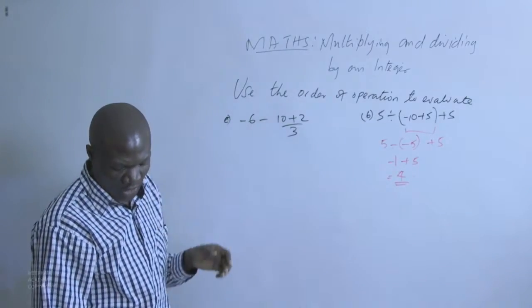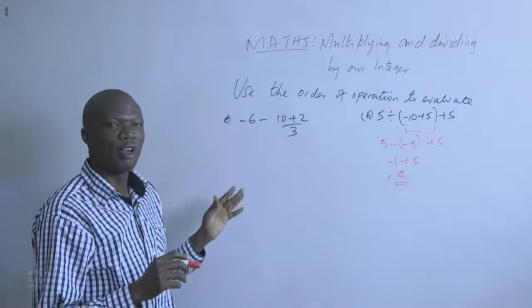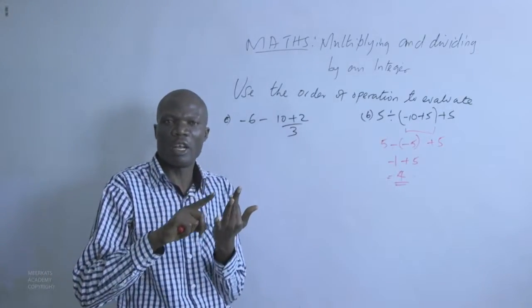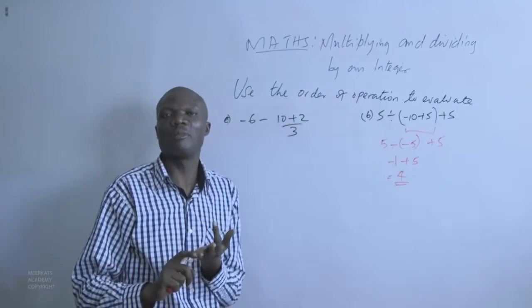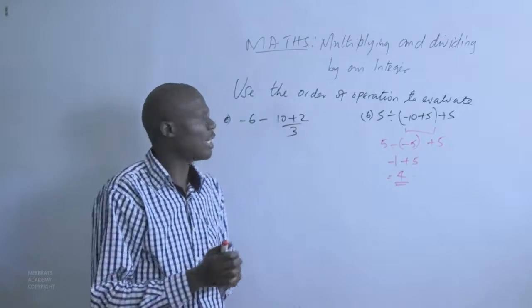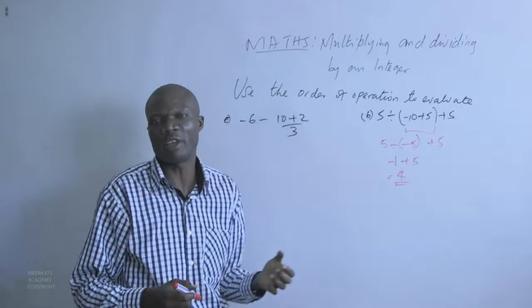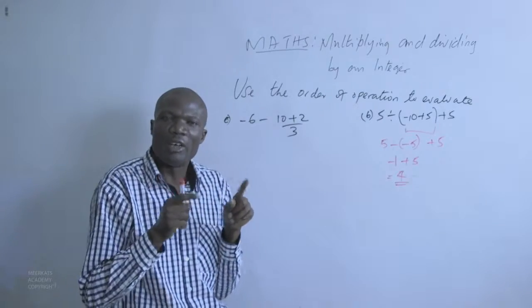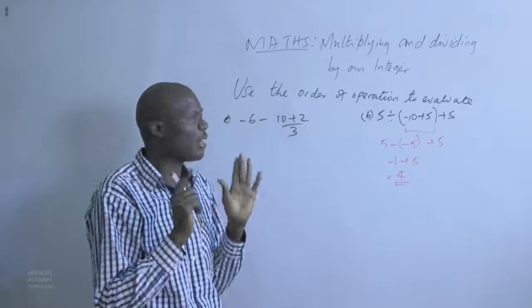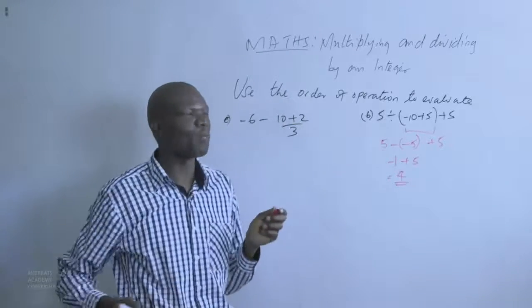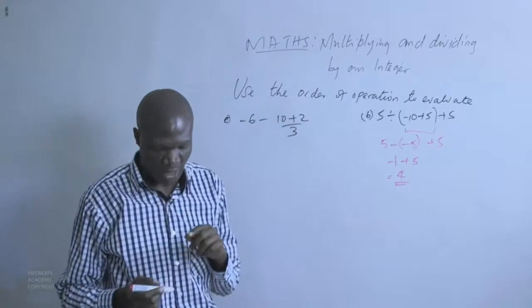Now for this particular case, we said earlier on that dividing a number is the same as getting the quotient, or is just like taking a number over another one, which is like a fraction. So in this case, we actually simplify the fraction first, which implies that we shall simplify the 10 plus 2 divided by 3.